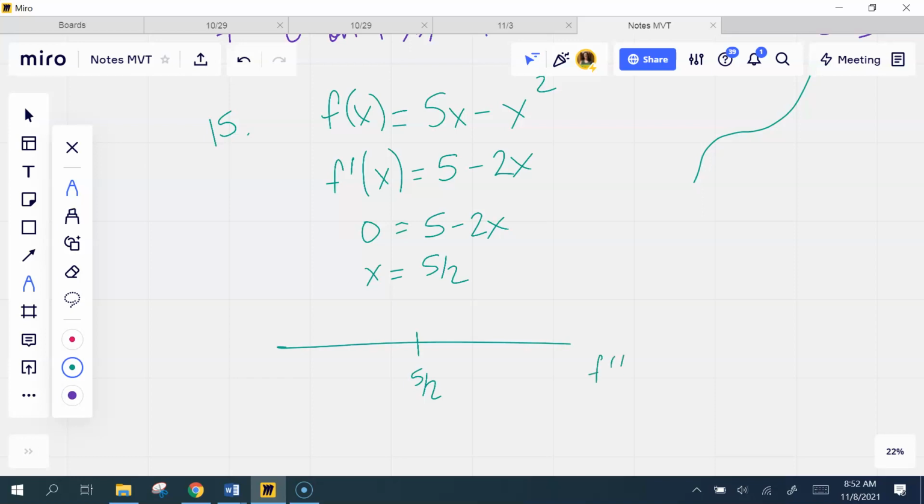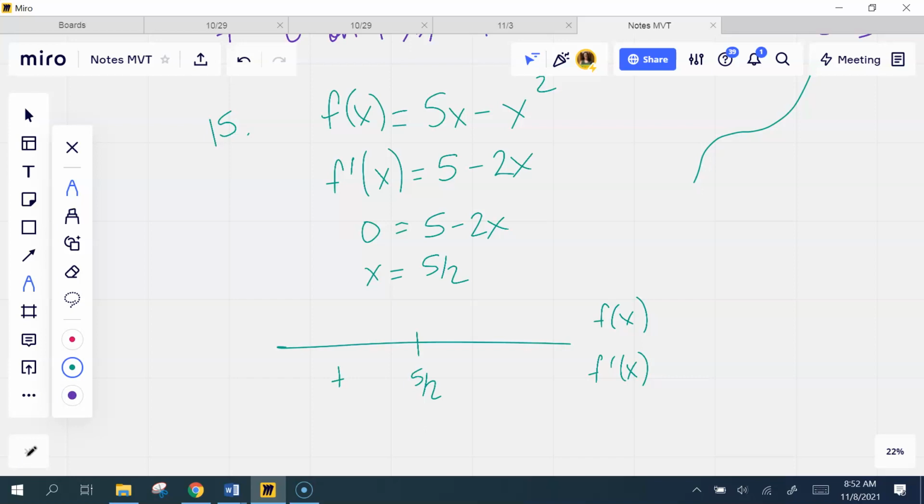Okay, so what I'm going to do is test some points in the derivative, and I am going to try to see what the function itself is doing. We can do 0, because we're plugging into the derivative. This tells me what the derivative is doing.